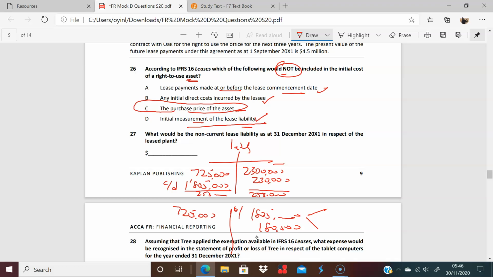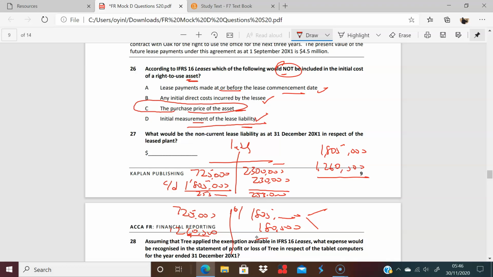So I have brought down 1,260,500. So basically I have 1,805,000, and I have 1,260,500.